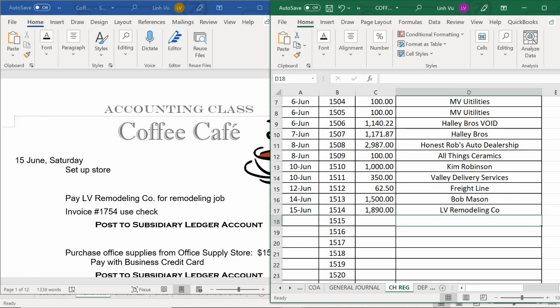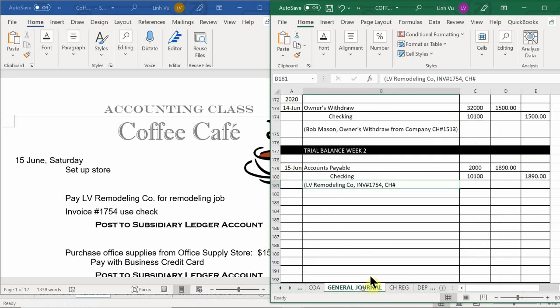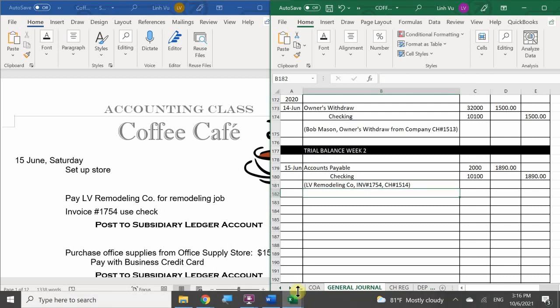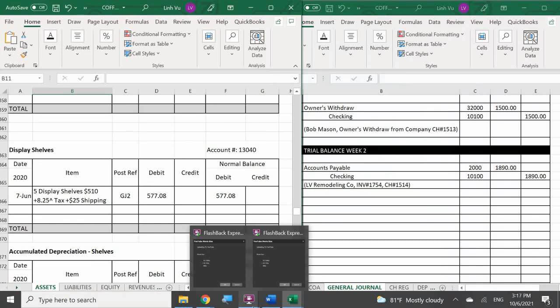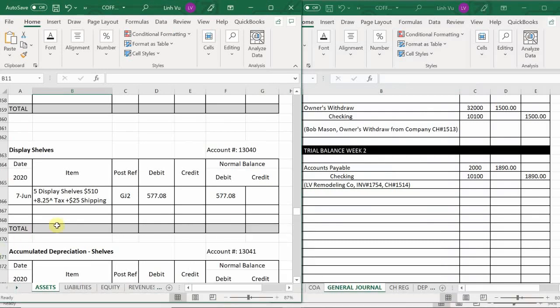So we have to go to the ledger after this. All right. So we're going to accounts payable.